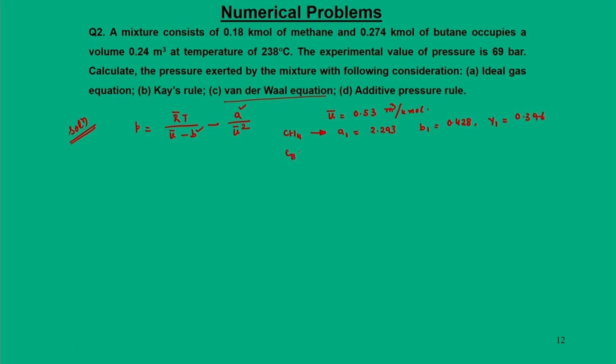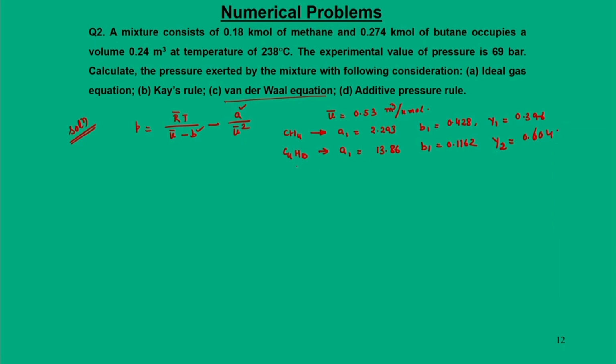Then we have C4H10, that is butane. The data sheet will give A2 as 13.86, B2 as 0.1162. Now, from your previous data or problem data, we already calculated the mole fraction, Y2 is equal to 0.604.